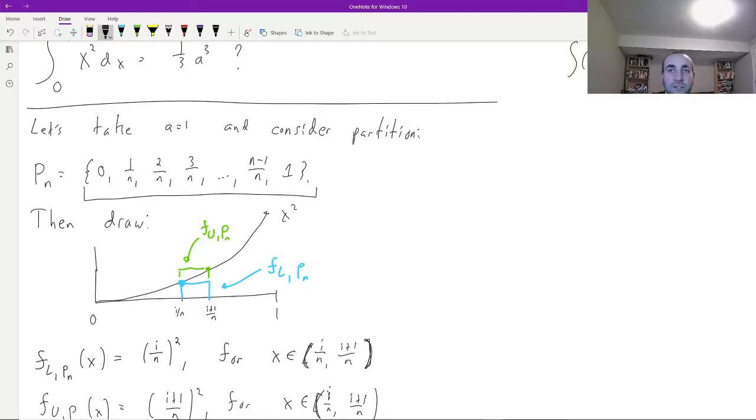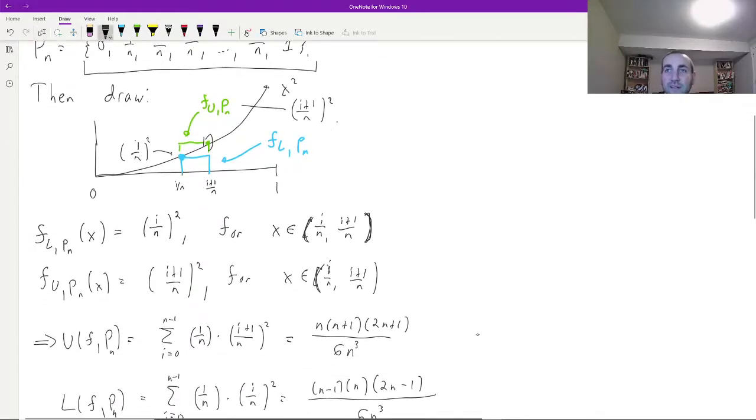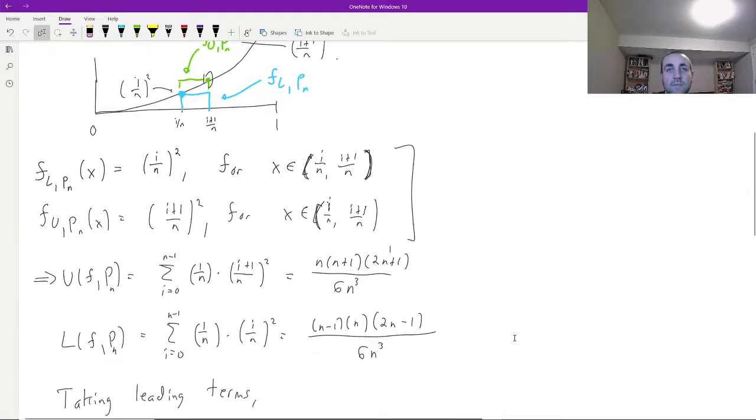So the lower bound function just takes this value, which is (i over n) squared for the entire interval, and the upper bound function takes the right-hand value here, which is (i plus 1 over n) squared for the entire interval. So those are my lower and upper bound functions, and those give me lower and upper bounds, which I've written down here in more algebraic notation, and those give me upper and lower bounds for the integrals themselves.